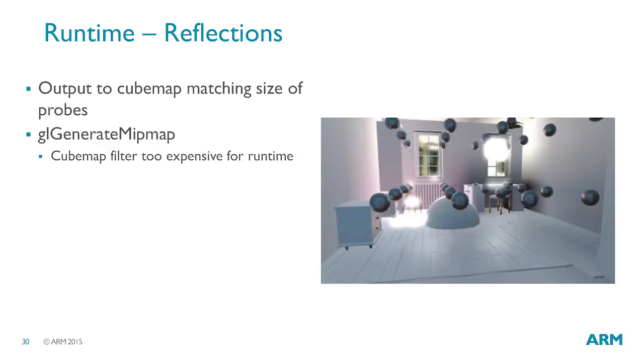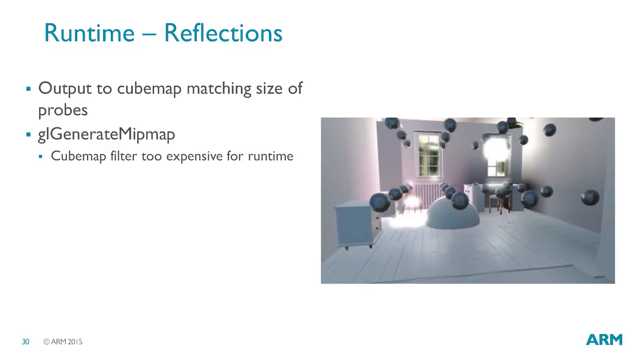To smoothly transition between smooth and rough surfaces, we also need to generate MIP maps. GL generate MIP maps was found to produce good enough results. Proper cube map filtering will probably be much better, but it's just too expensive for the runtime, at least on mobile.